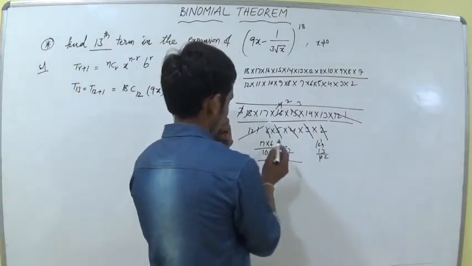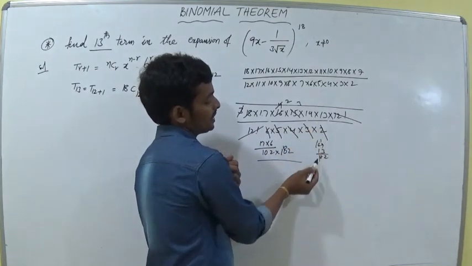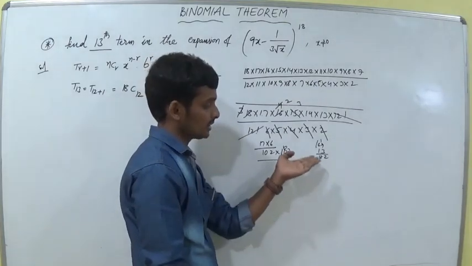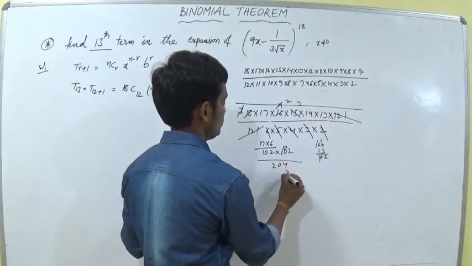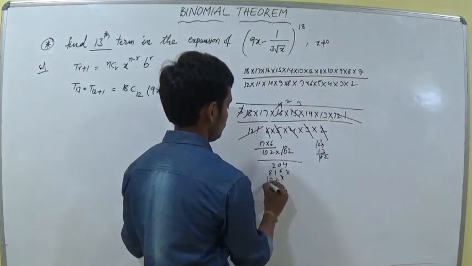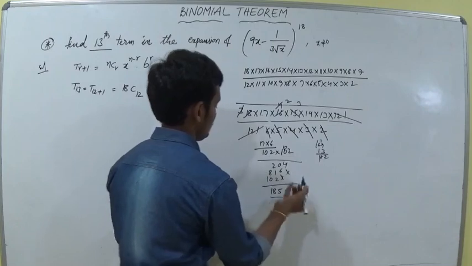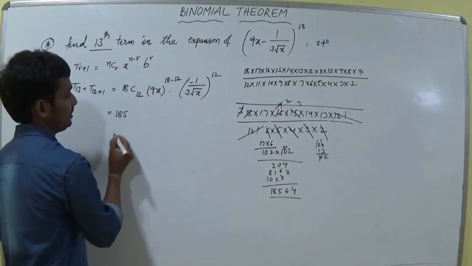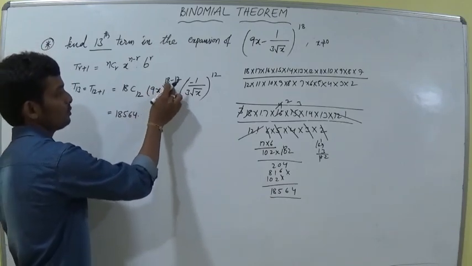So here I multiplied 102 by 182: 2 twos are 4, 2 eights are 16, and so on, and I am getting 18564 into 9x whole to the power of 6.